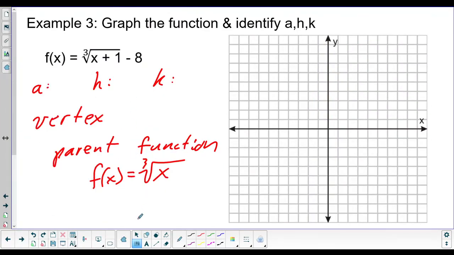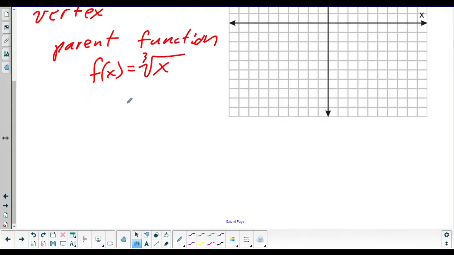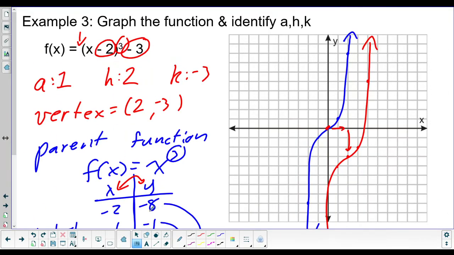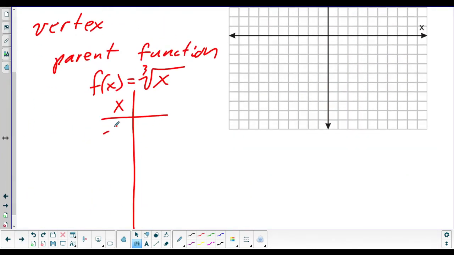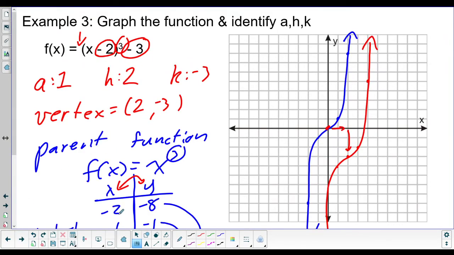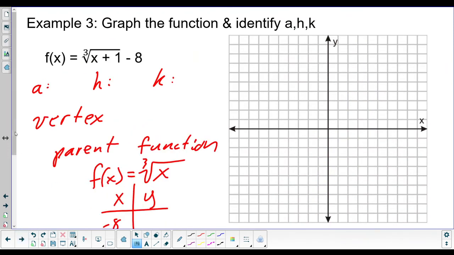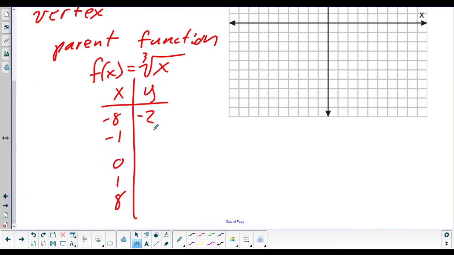So for our cube root function, the parent function's x's are all the y's of the cubic function. So it'll be -8, -1, 0, 1, 8. And then the y's are all the x's from this one. So it's going to be -2, -1, 0, 1, 2.